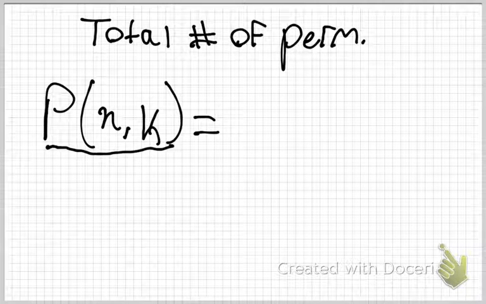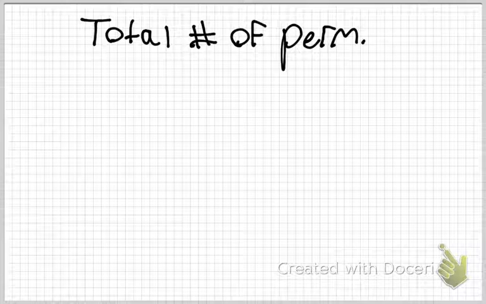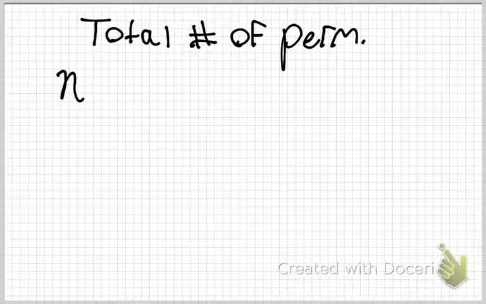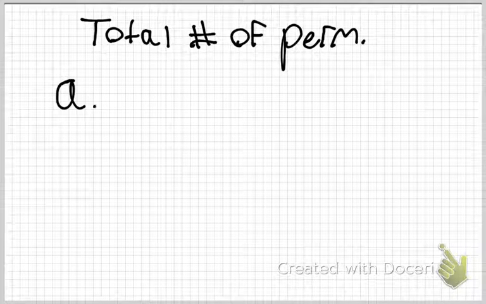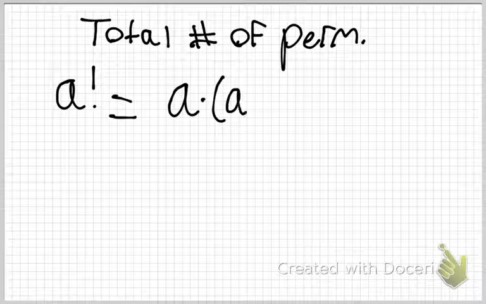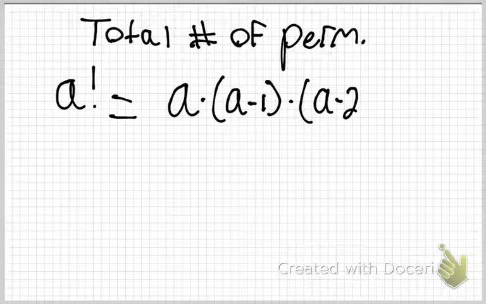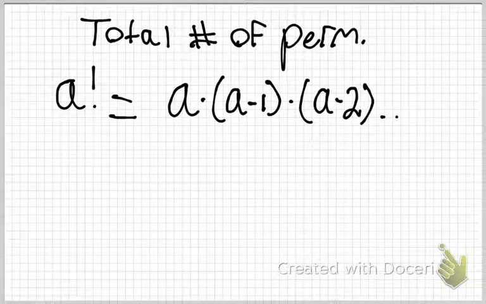So n factorial, or let's say a factorial. A factorial is equal to a times a minus 1 times a minus 2, all the way down, and you just keep multiplying all the way down till you get to 1.